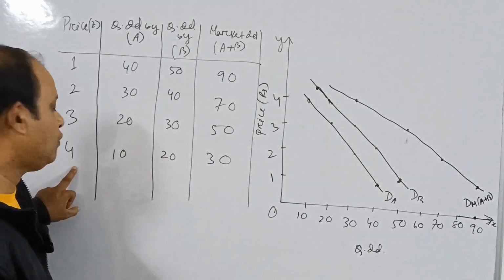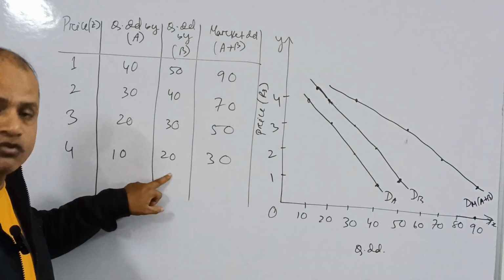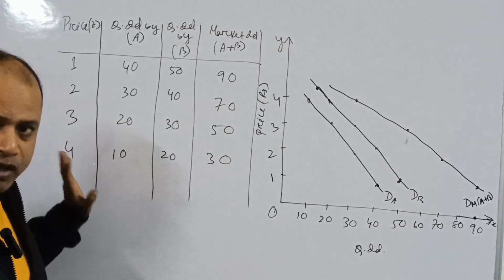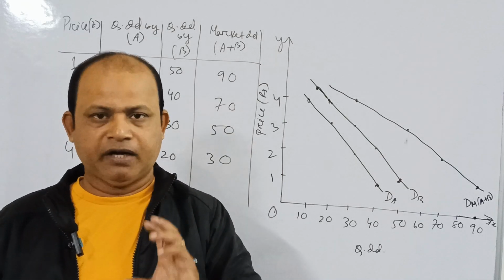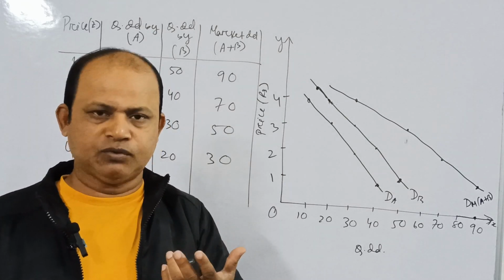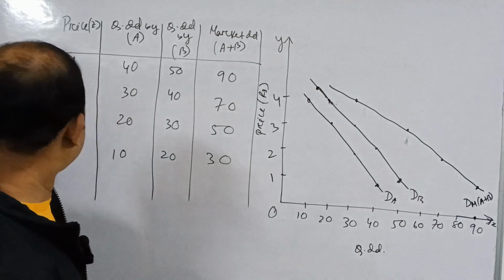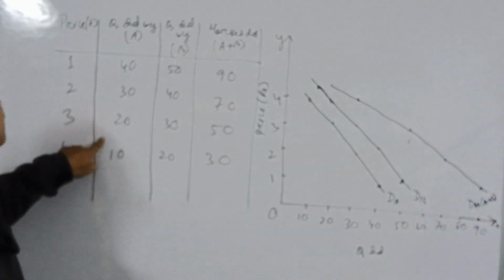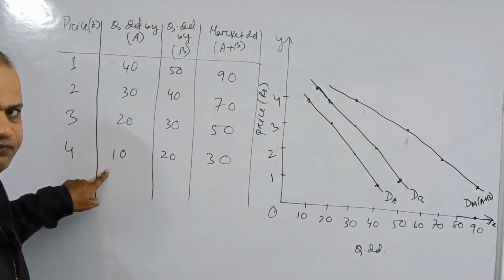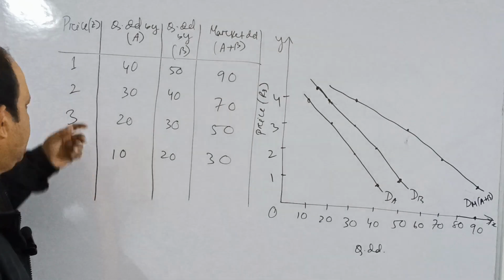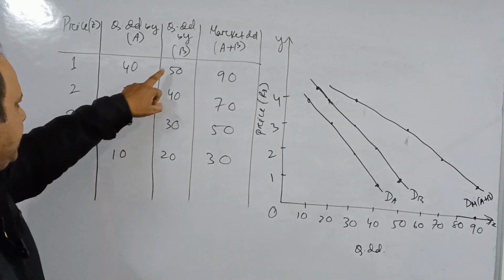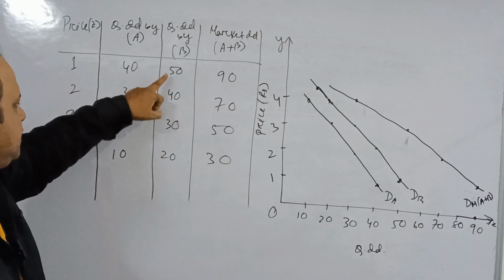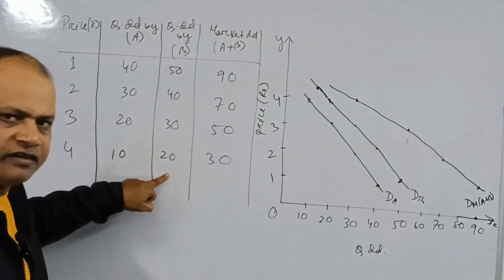And when price is 4, A demands 10 units, B demands 20 units. Remember that we have made this as a hypothetical demand schedule. What we have to show here is that as price increases, quantity demanded decreases. There is an inverse relation. A's demand decreases as price increases, and again, as price increases, B's demand also decreases.